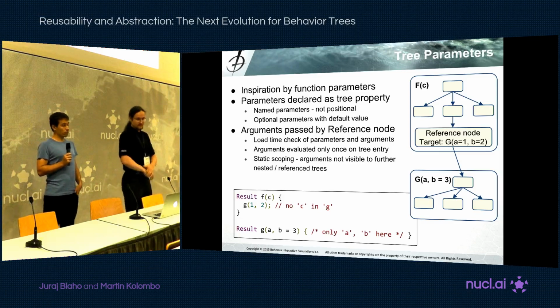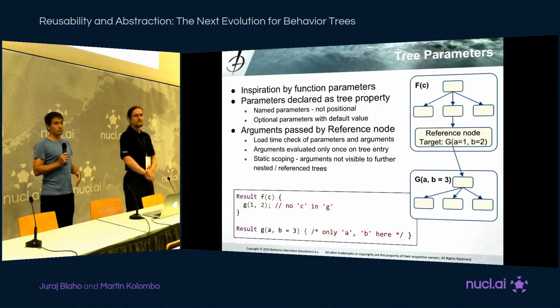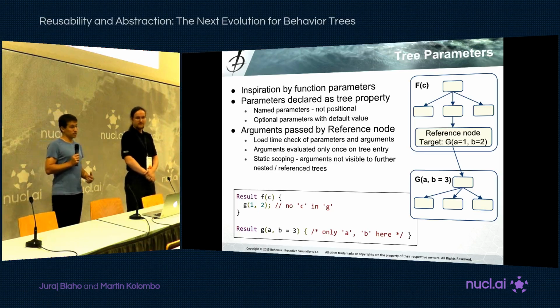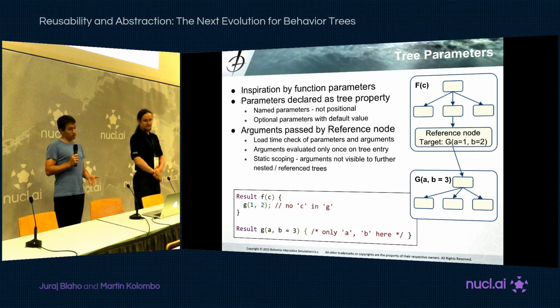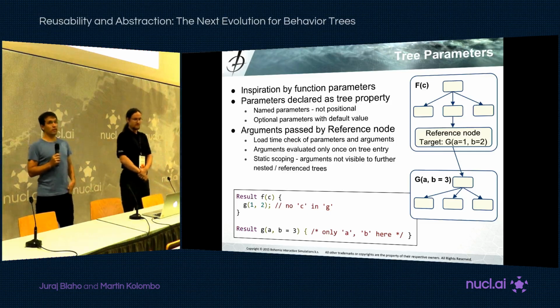One more thing, we use so-called static scoping for parameters. That means that arguments or parameters are only visible to the tree that has them as a property and are not propagated to a nested tree. That can be demonstrated on a code sample at the bottom, where the parameter C is only visible inside a function f, but is not visible inside function g, even though g is called from f.